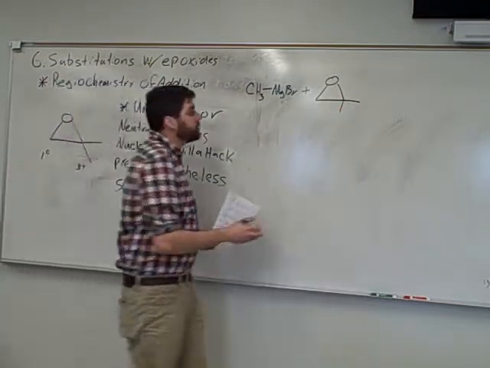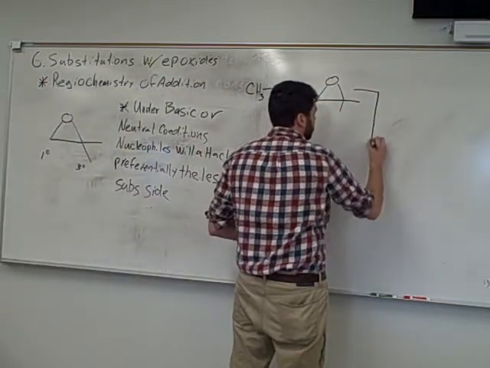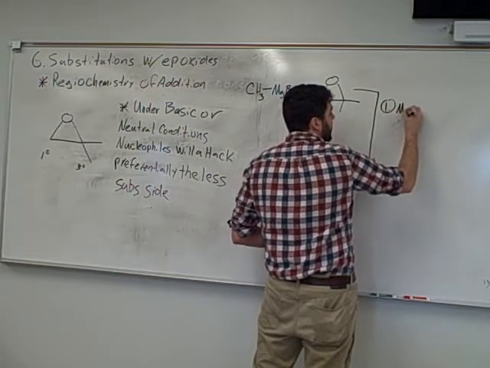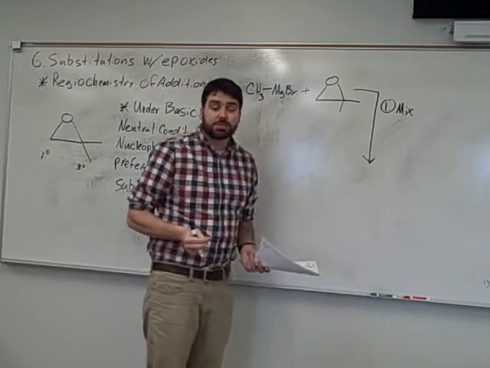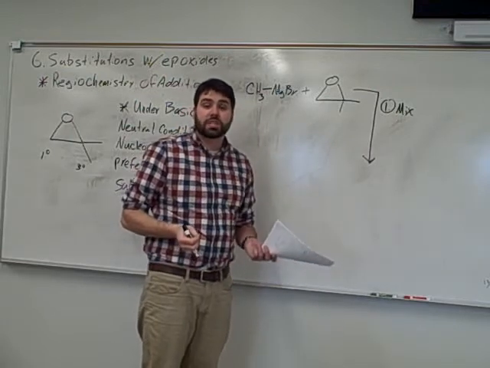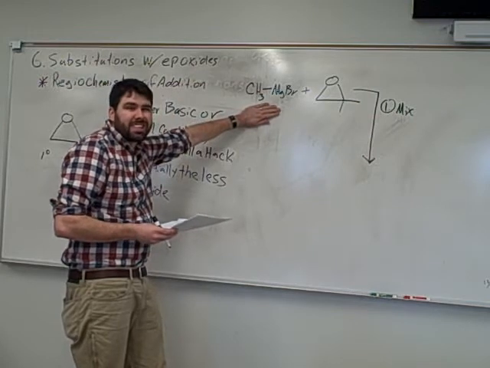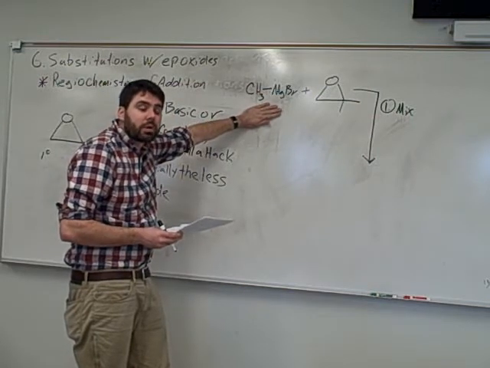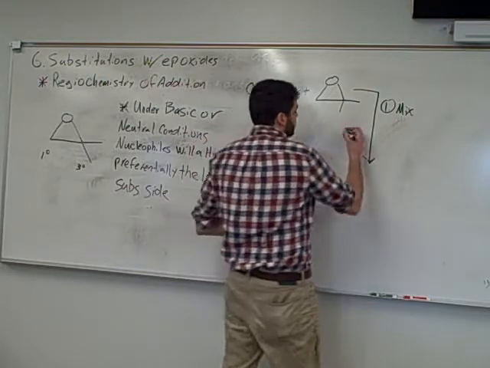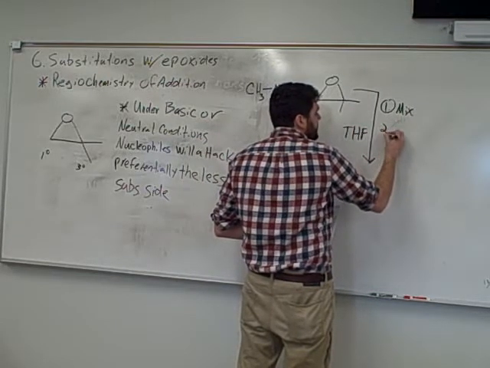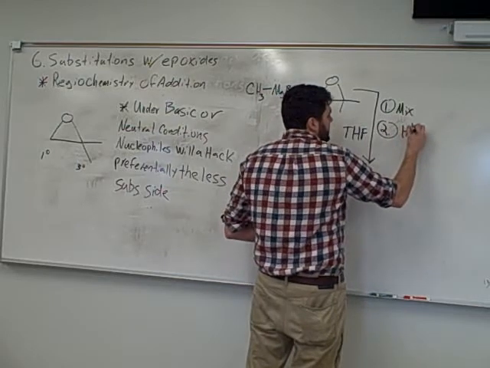We'll mix these together in some sort of polar aprotic solvent. When you're dealing with Grignard reagents, typically the solvent has to be THF or ether, something polar aprotic and ethereal. So we'll use THF in this case. We'll mix them together in THF and then add acid in the end.